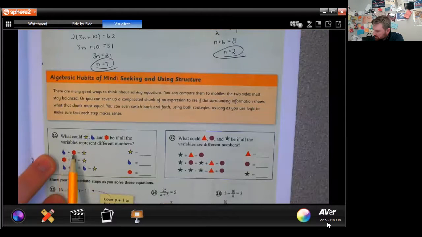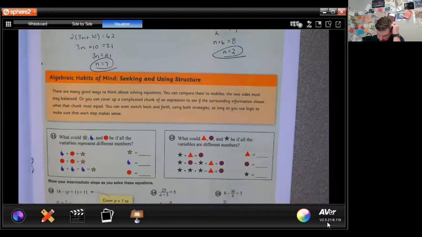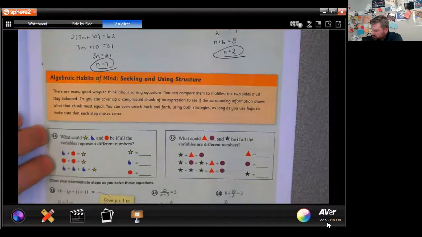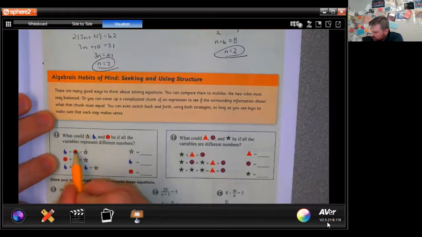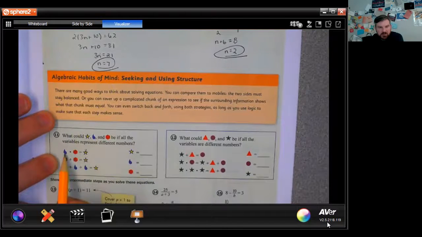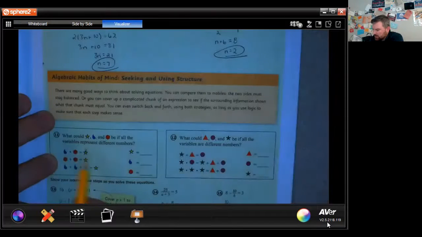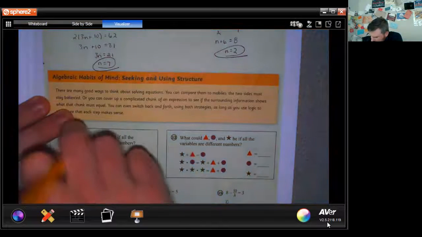Water times this equals a star, and this plus this equals that. So let's just start with a number maybe. They're all different numbers. So let's just start here with 1. So 1 plus 1 is 2. Well, this would have to be a 2, and that can't be because they all have to be different numbers.